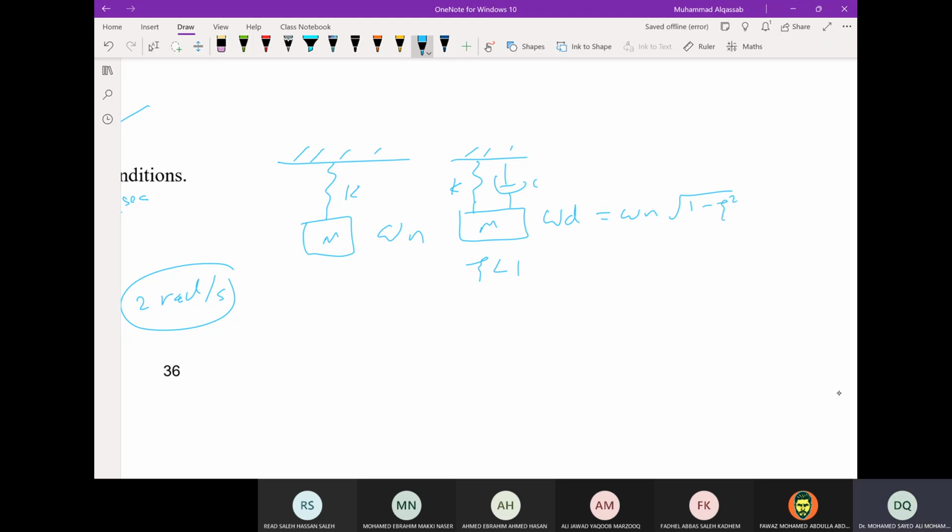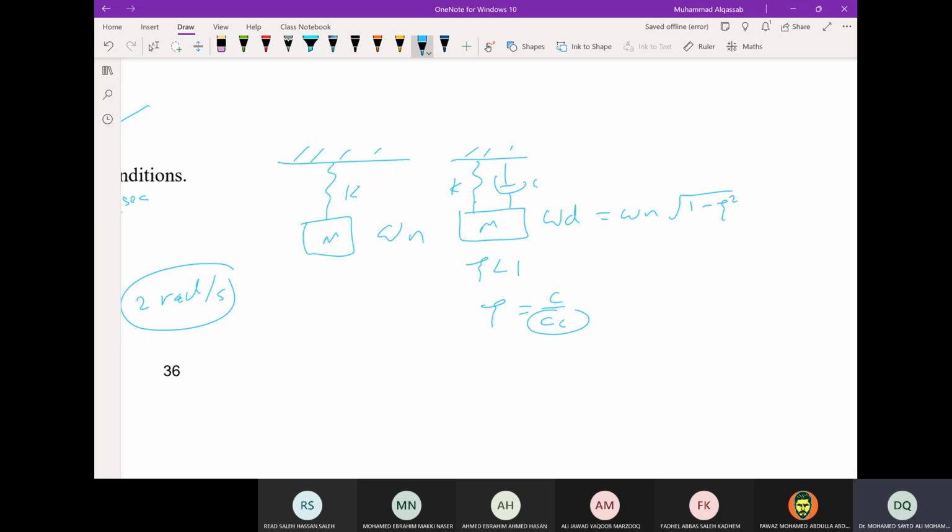Zeta is the damping factor. Zeta is C over Cc. Cc is a parameter of the system. It is not the given value of the damper. The given value of the damper is C. And Cc is like omega n, square root of K over M, a characteristic of the system.